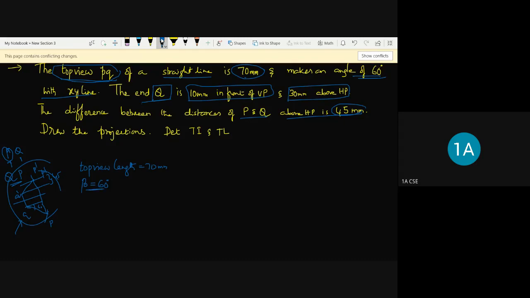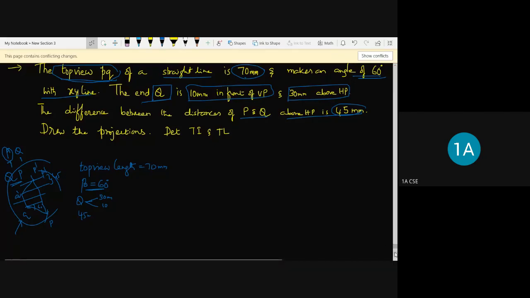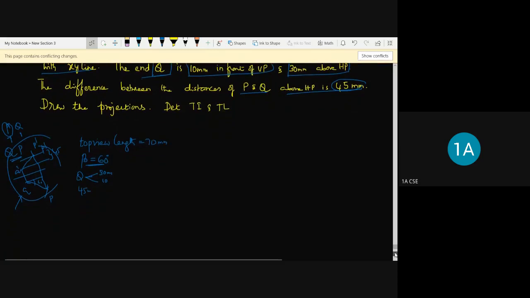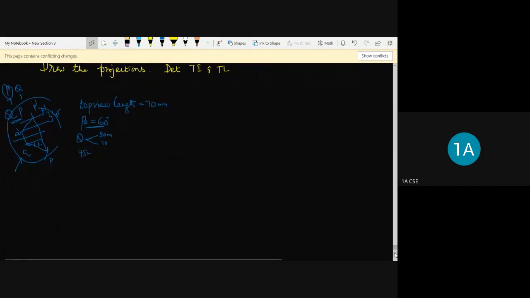Q's position is also given, which is 30 mm above HP and 10 mm in front of VP. The difference between the front views of P and Q is given as 45 mm. Based on this data, I can proceed to construct the projection of the line.